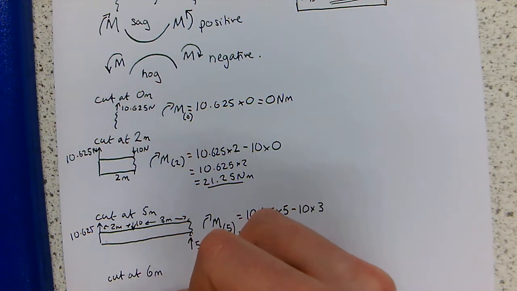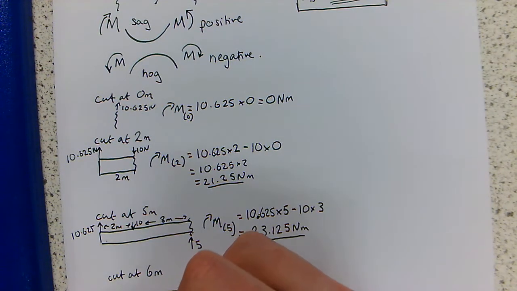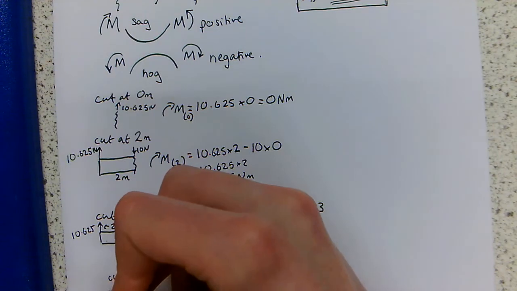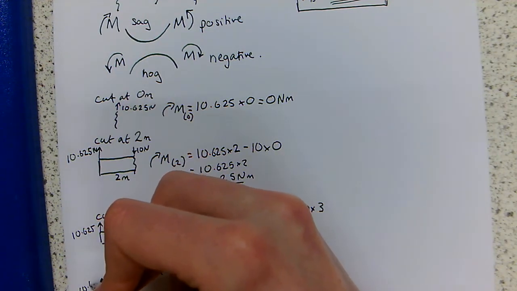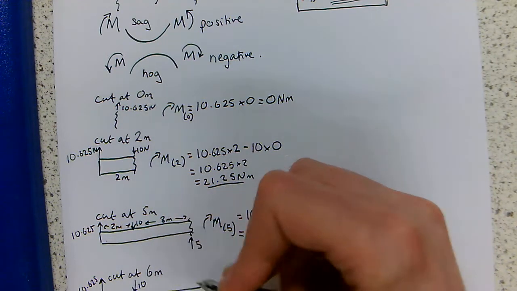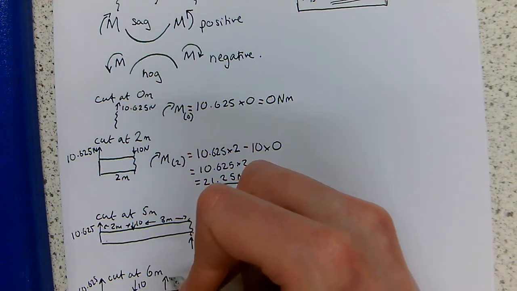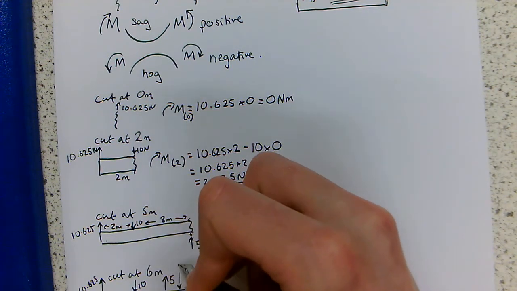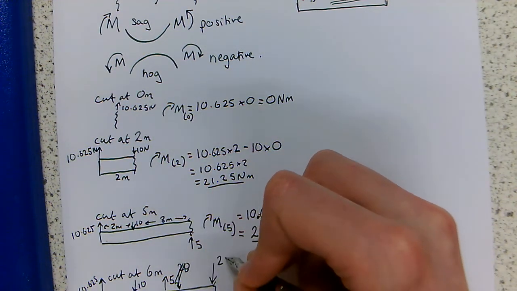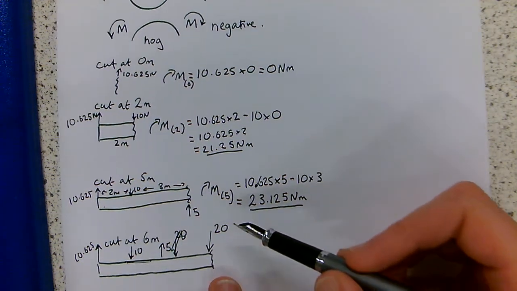So cutting at 6 meters, we consider which forces are acting, and how far they are from our cut when we're considering the moments they are applying. Now at 6 meters we've got our force of 20 applied.